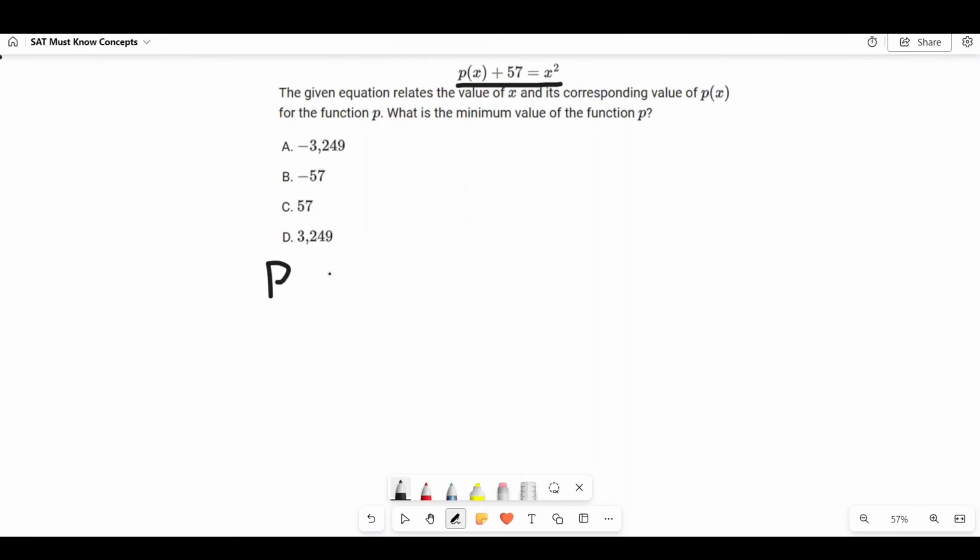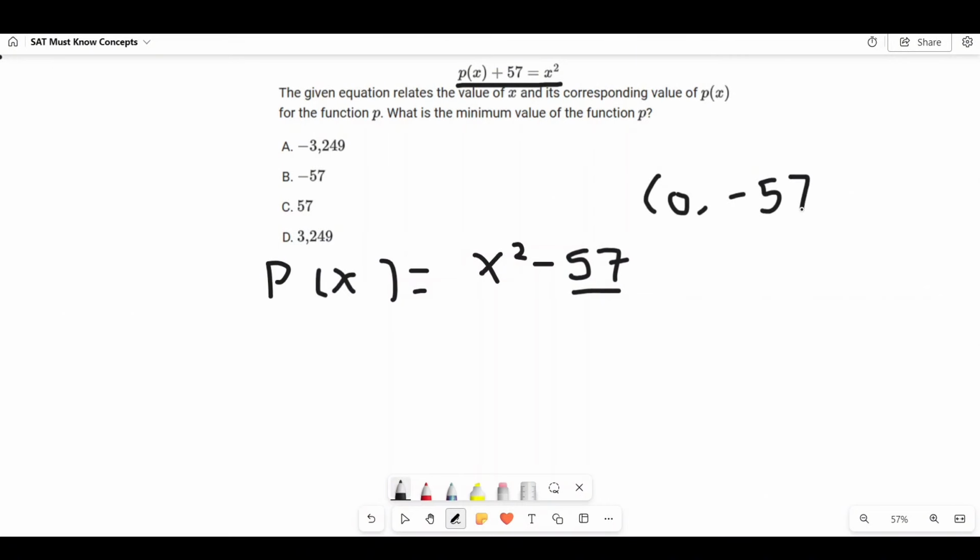So p of x is equal to x squared minus 57. An important thing to know about quadratics is that the c value here is just the y-intercept. So it's 0, negative 57. And that makes it a lot easier to solve this problem now that we know that.